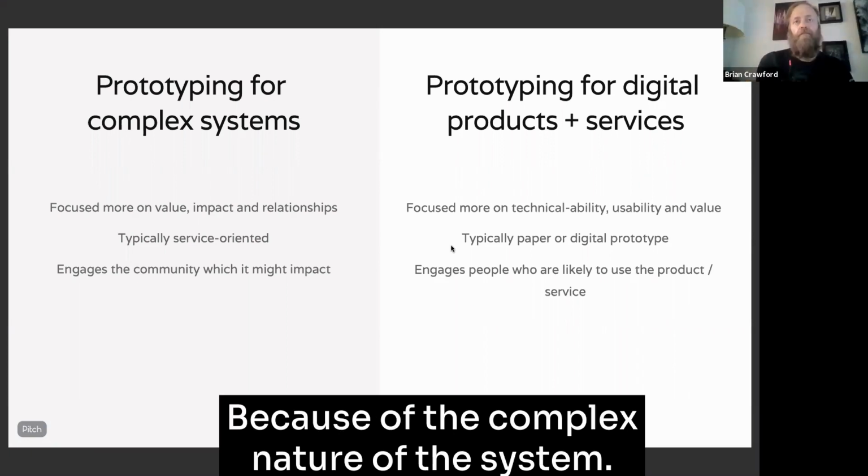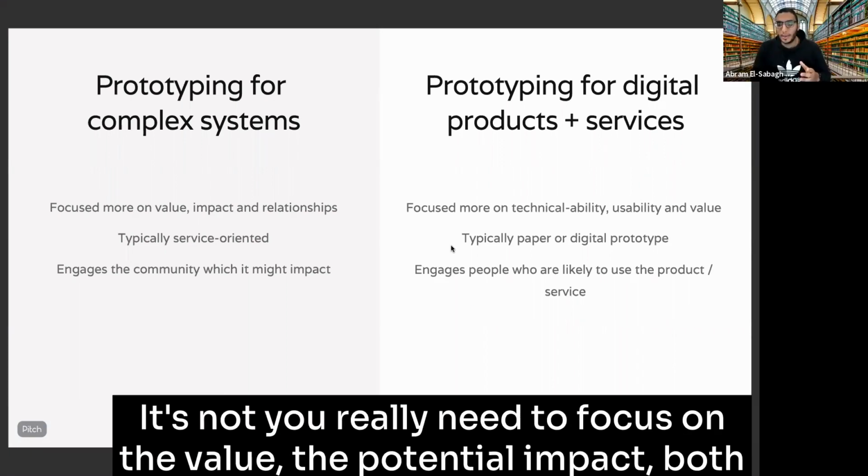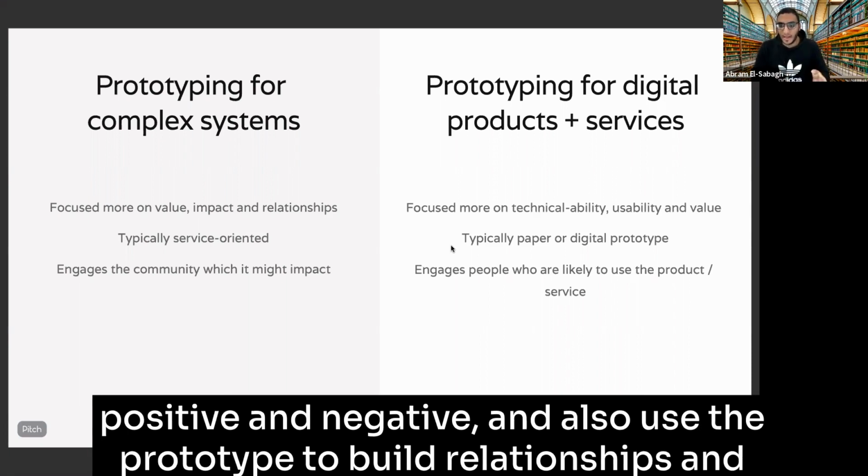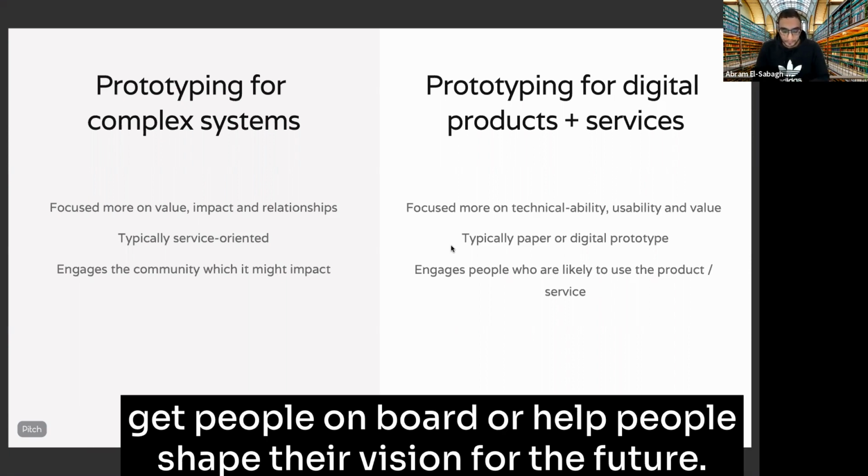Because of the complex nature of the system, you really need to focus on the value, the potential impact, both positive and negative, and also use the prototype to build relationships and get people on board or help people shape their vision for the future.